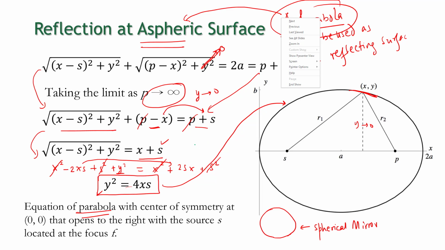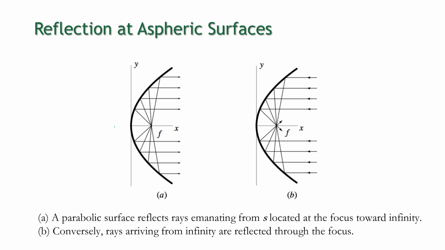Let's see the picture here. So this is the parabola, and it has center of symmetry at 0, 0, which is also called the vertex. Center of symmetry means this half is identical to that half.